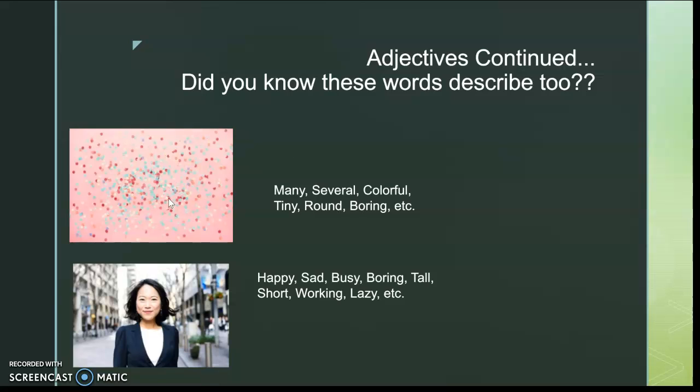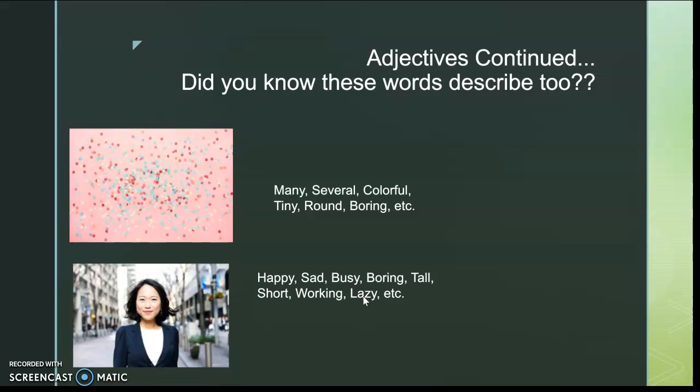In this picture, we have a lady, okay? I can say the lady looks happy, okay? Maybe sad isn't applicable, but sad is a descriptive word. She's busy. Boring, maybe this picture's boring, okay? She could be tall, she could be short. She obviously is doing something, she's working.